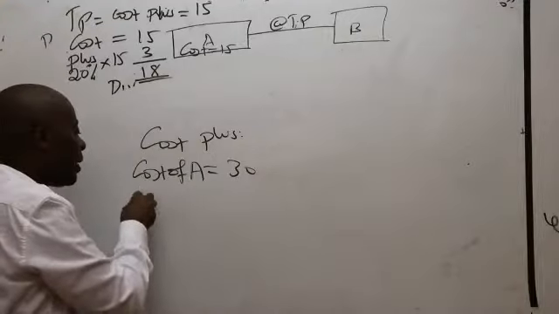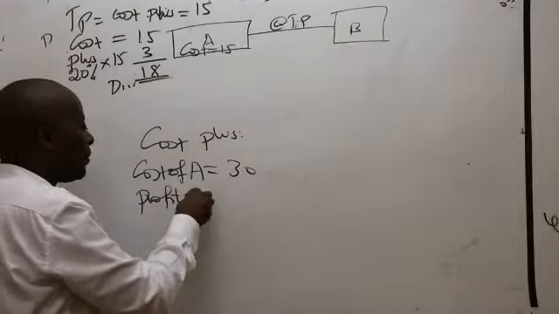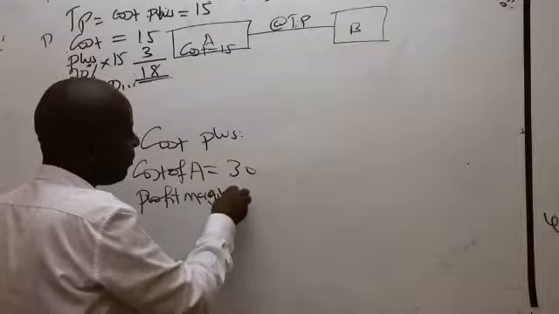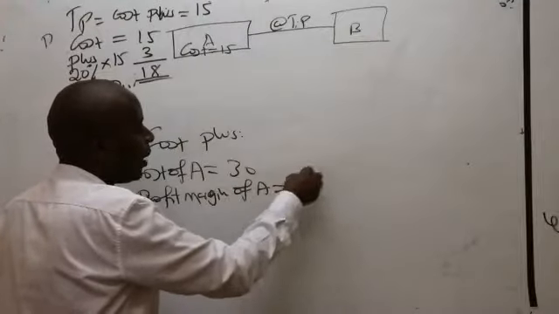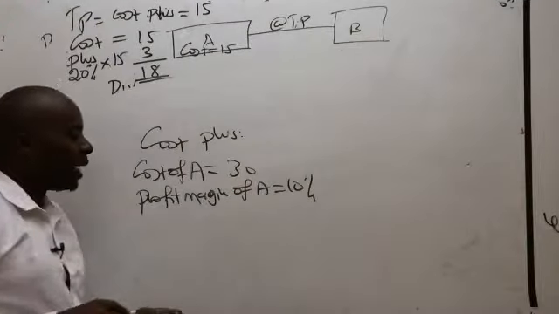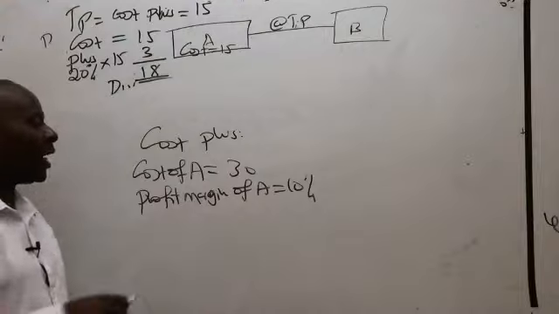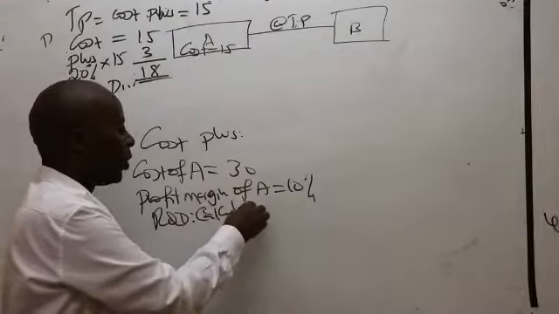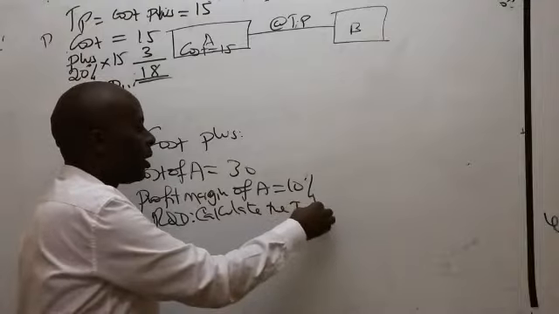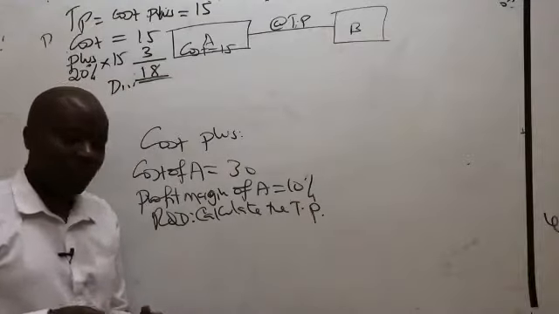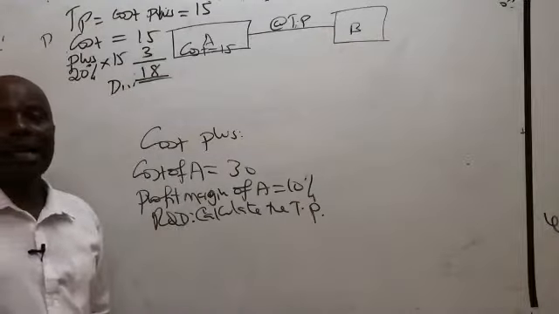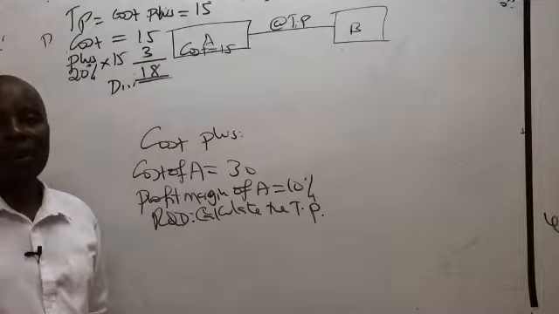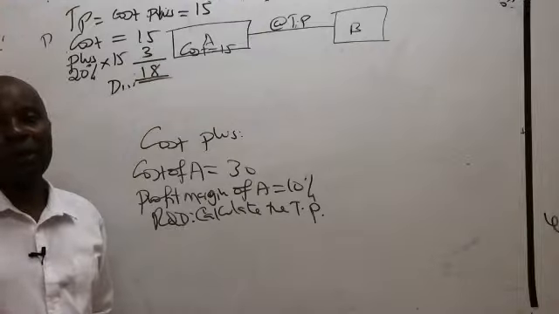And then they give you the profit margin of A as 10%. And then they require you to calculate the transfer price.